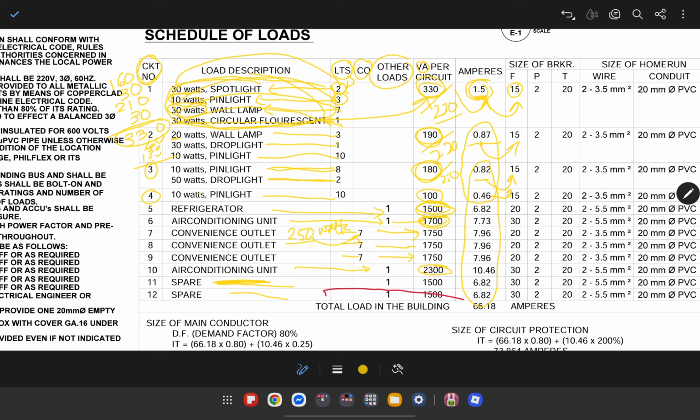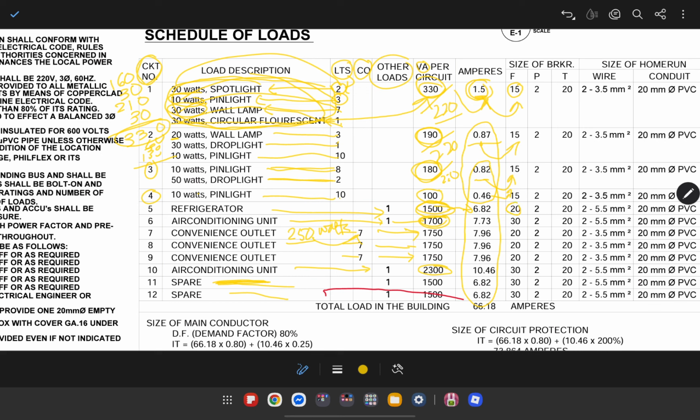Okay, you might ask, why not use a bigger amperage for the circuit breaker? That's because the size of the circuit breaker will also have a different price. The higher the capacity, the more expensive the circuit breaker is. Next is the refrigerator.